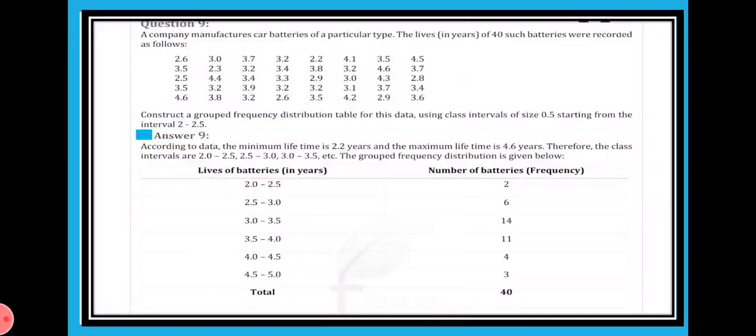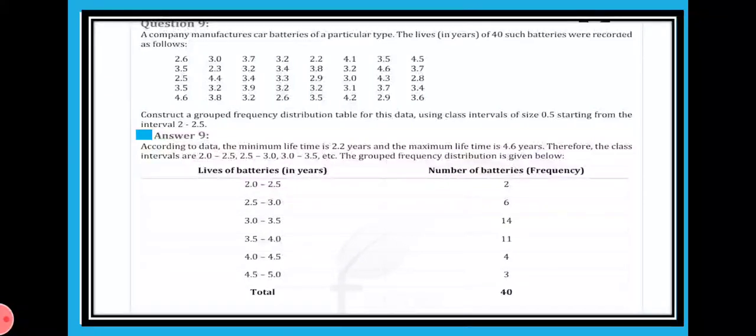So for answer number 9, according to the data, the minimum lifetime is 2.2 years and the maximum lifetime is 4.6 years. Therefore, the class intervals are 2 to 2.5, 2.5 to 3, 3 to 3.5, etc. The grouped frequency distribution table is given below. Make 2 columns. The first column is for lives of batteries in years, and the second column is the number of batteries, and in brackets you write frequency.